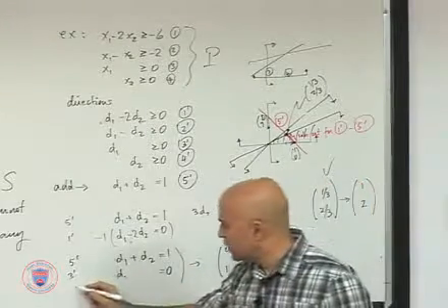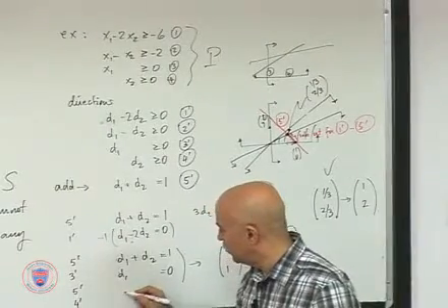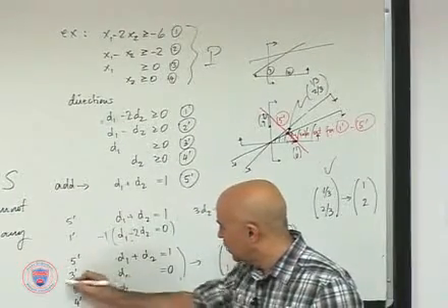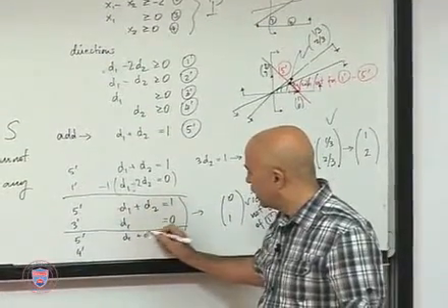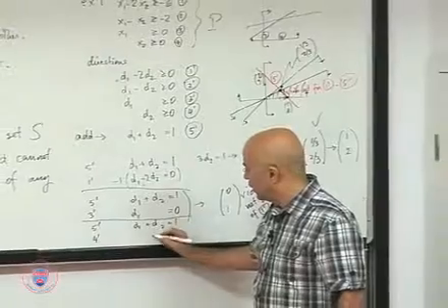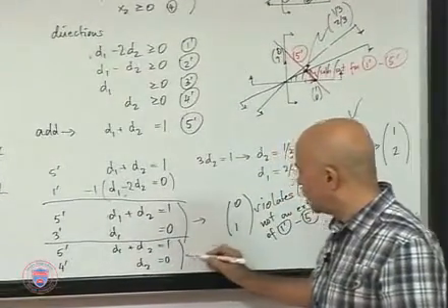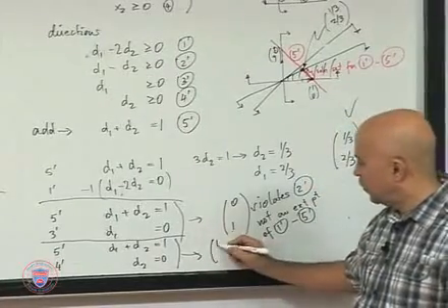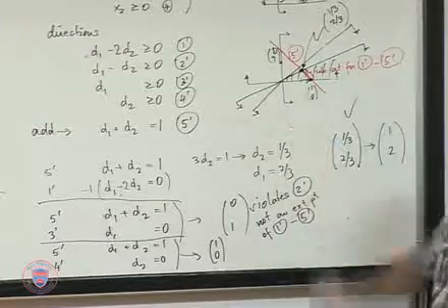But if you replace 3 with number 4, then you get what you want. And this one gives you 1, 0, and that satisfies all of the constraints it should.